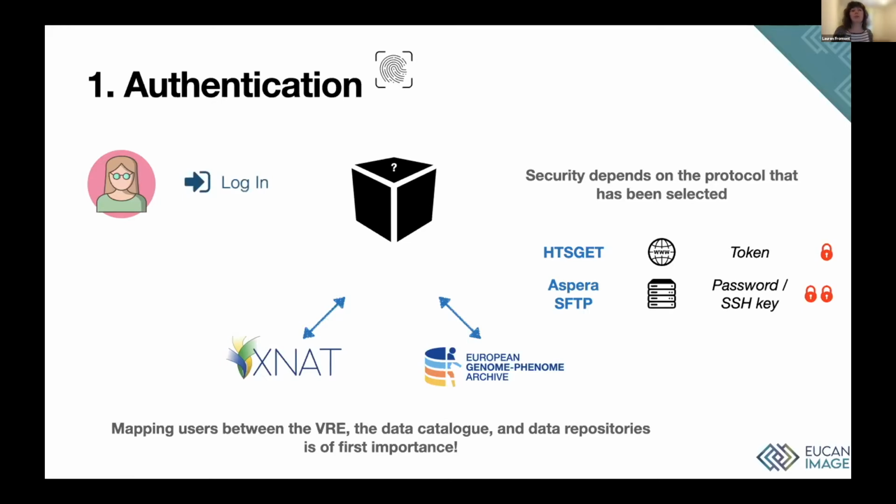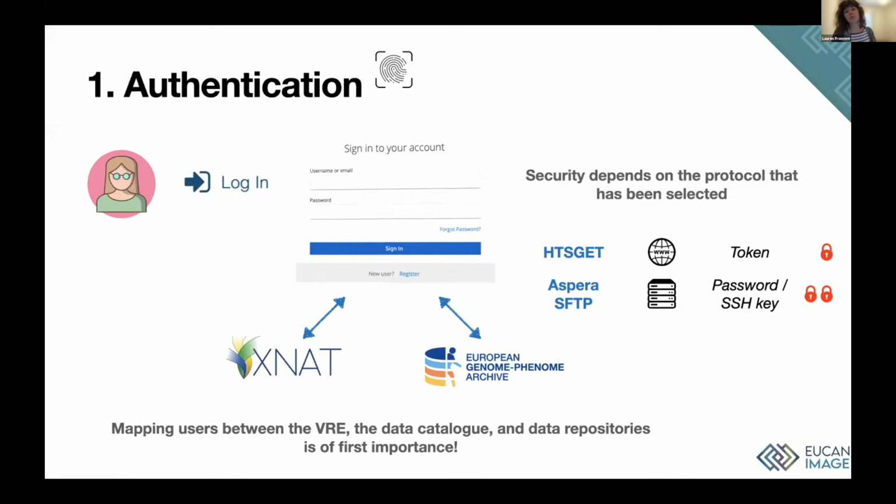However, in the archives like XNAT for imaging or the European Genome Phenome Archive for non-imaging data, we tend to prefer the server-based ones. So Aspera and SFTP are good candidates just because SSH keys and passwords are more secure.